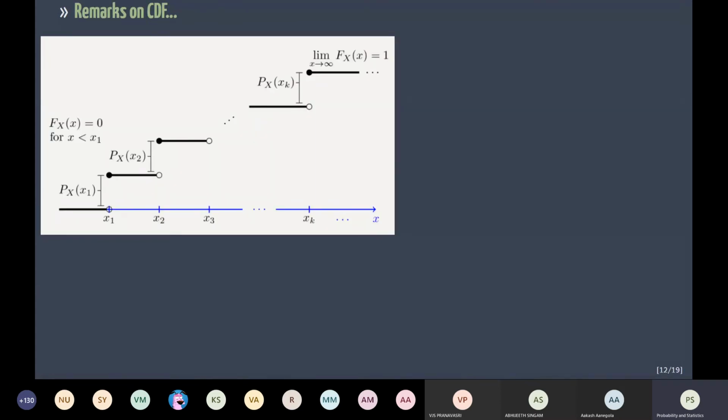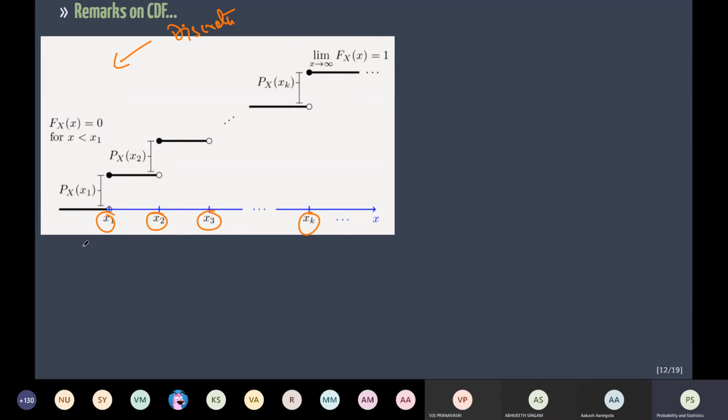So let us look into the CDF and the way it is for the discrete case. In the discrete case, we know that there will be jumps because there is a discrete set of points for which you are computing the probability. So there will be a jump at all those discrete points.